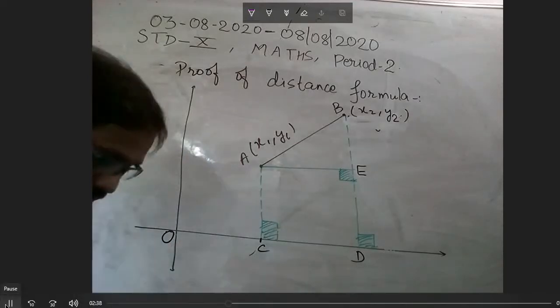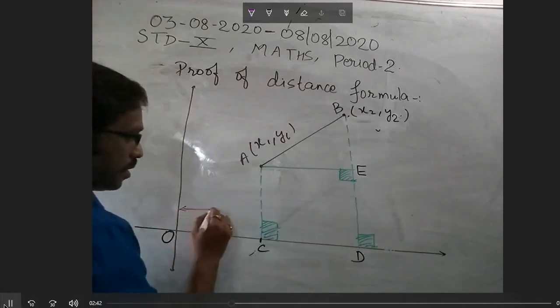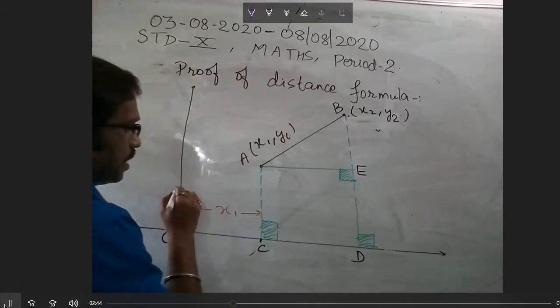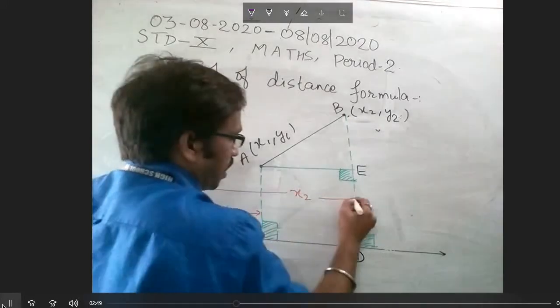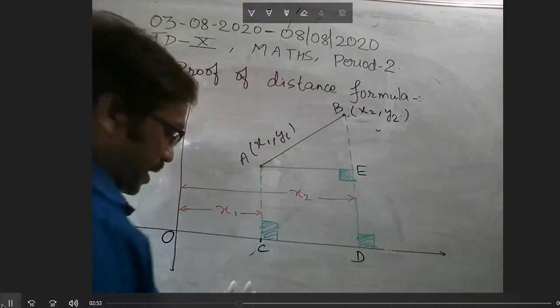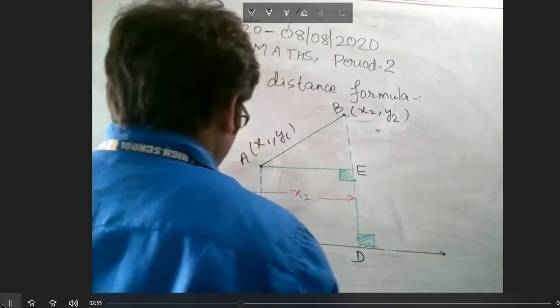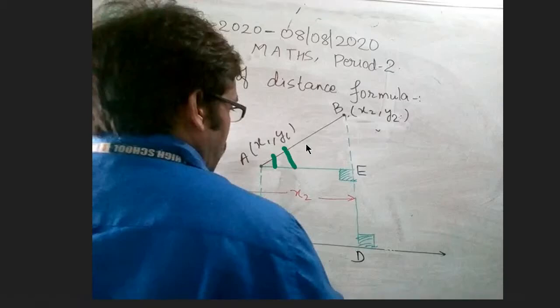So this distance OC is x1. I have explained earlier also why it is. Then this distance OD will be x2. Okay, OD is x2. Okay, one more thing class here, you have to focus on this triangle. This is a right angle triangle. Clear?